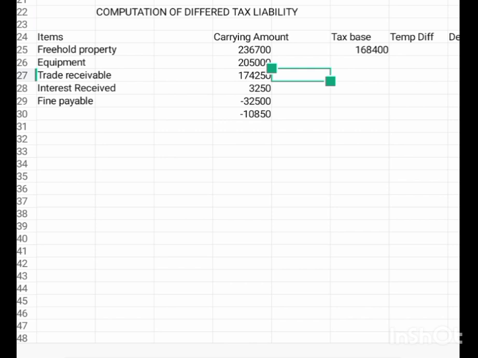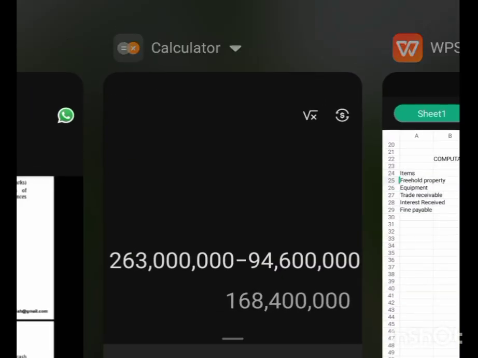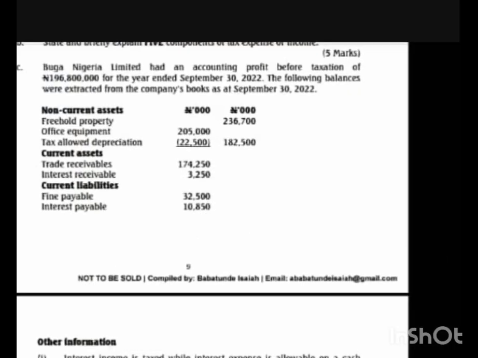So let us come to the second. What is the tax base for the equipment? What is the cost of the equipment? Then we remove the tax allowance. We're told that the balance in respect of office equipment, after charging a contribution of 28,000 and a tax allowance depreciation of 22,500, so the capital allowance for this one is 22,500.